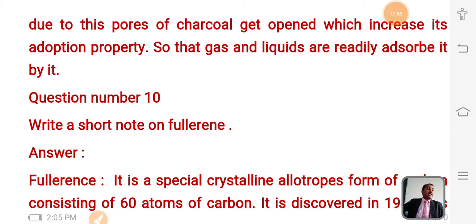It is a special crystalline allotropic form of carbon consisting of 60 carbon atoms. It was discovered in 1985 by three scientists: Harold Kroto, Robert Curl, and Richard Smalley.